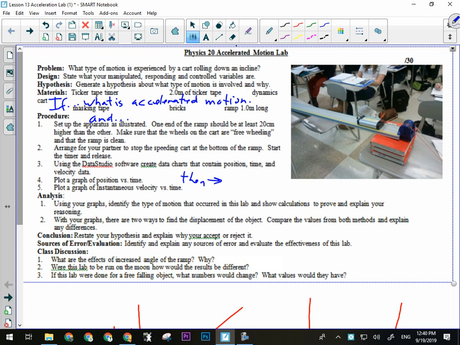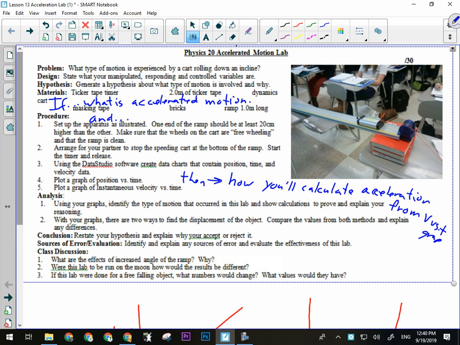In the "then" parts, I'm going to want 2 things. I'm going to want you to tell me how you'll calculate acceleration from the velocity versus time graph.